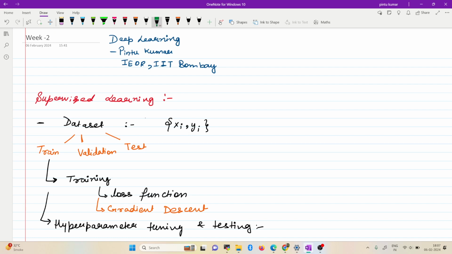So today what I plan to cover is based on week 2 content of the course Deep Learning. The topics that will be covered today are some basics of supervised learning. Then we'll go for the gradient descent method, which is an integral part of machine learning techniques these days.